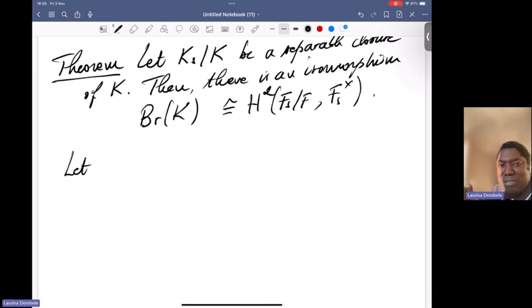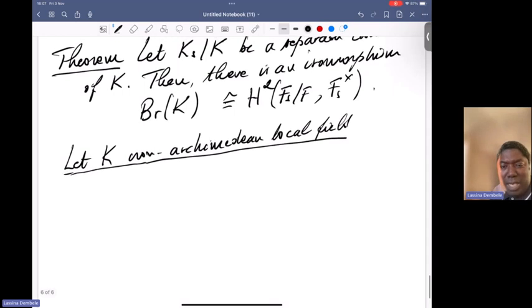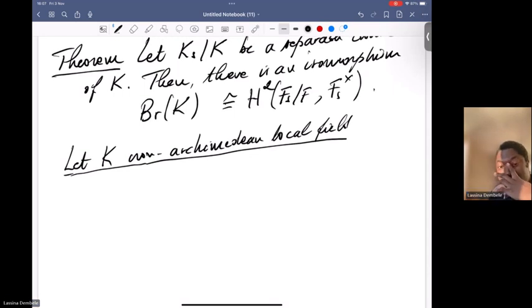So far the statements are for a very general field. So now let's give ourselves a non-Archimedean local field. In this case, you can define an isomorphism between the Brauer group and a divisible group, Q over Z.